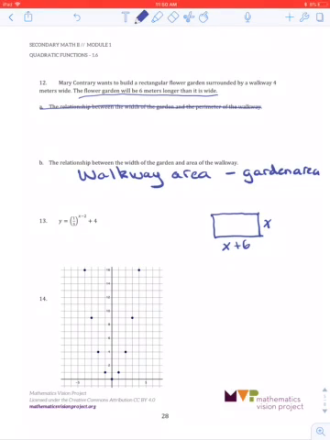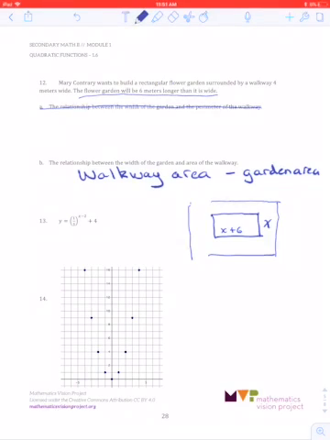And then around this garden, I'm going to need to go around the garden, so let's make this kind of small. Around the garden is a 4-foot walkway. Not perfect, but it'll do.